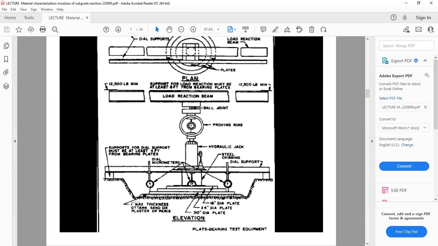Once you have a trench, you have to have a sand cushion, 1 inch maximum, to level the platform, to prepare a horizontal, level surface so that the plate and other subsequent plates can be placed on it. So this sand layer is needed to make the surface level.